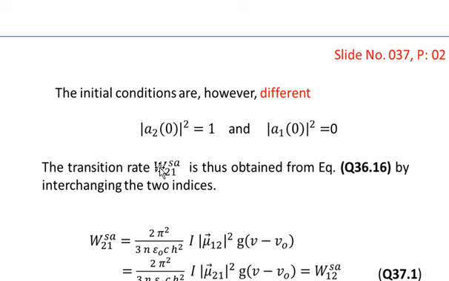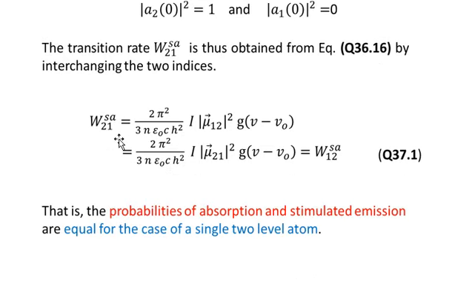The transition rate W21 is thus obtained from equation 36.16 by interchanging the two indices. So from equation 36.16 we have obtained W21 by interchanging the indices.